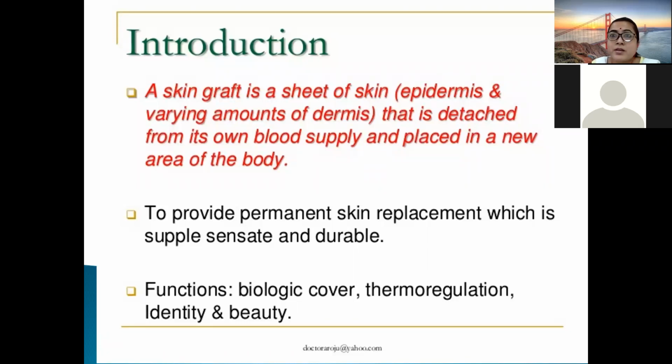It is difficult for them to accept, is that me? The original look has gone. So skin grafting will give a good identity and also a cosmetic look to the patient.